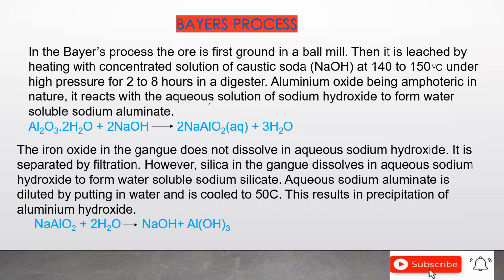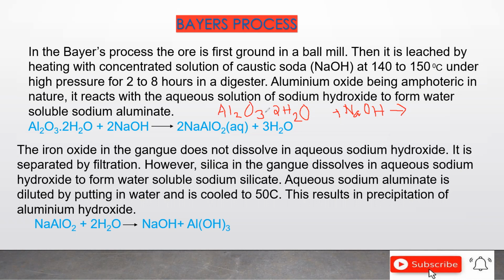We know bauxite formula is Al2O3·2H2O. It consists of 2 molecules of water. So I'll write the equation here. Al2O3·2H2O is leached by heating with sodium hydroxide, NaOH.